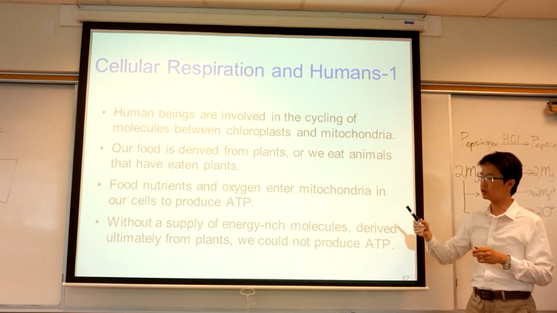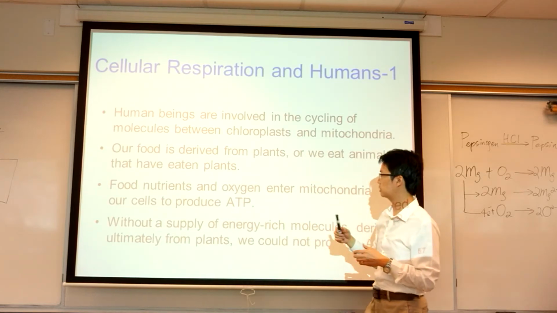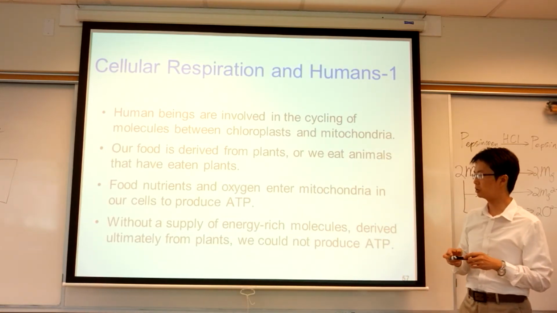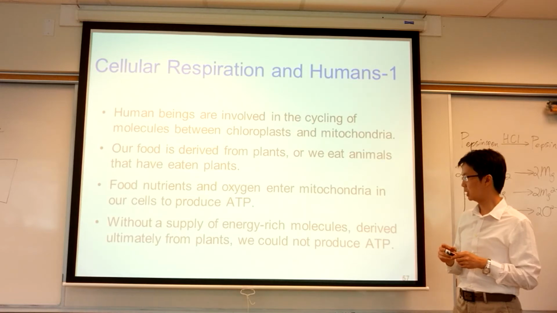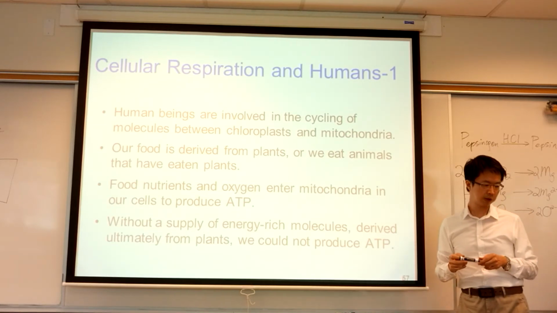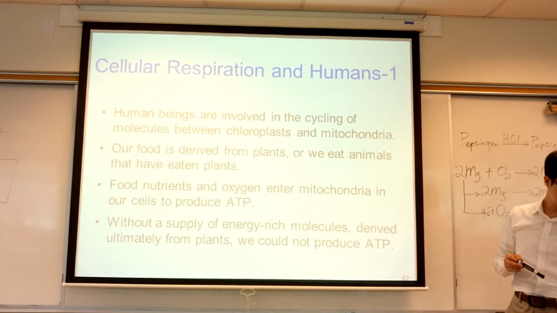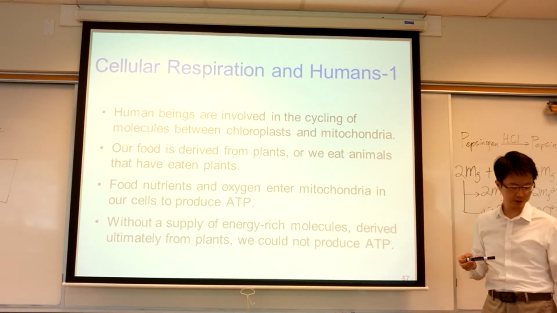The food nutrient here means glucose. Glucose and oxygen go into mitochondria to produce ATP through cellular respiration. Therefore, plants are important. Without plants, we don't have enough food to make ATP. When we do not make ATP, that means we are dead.